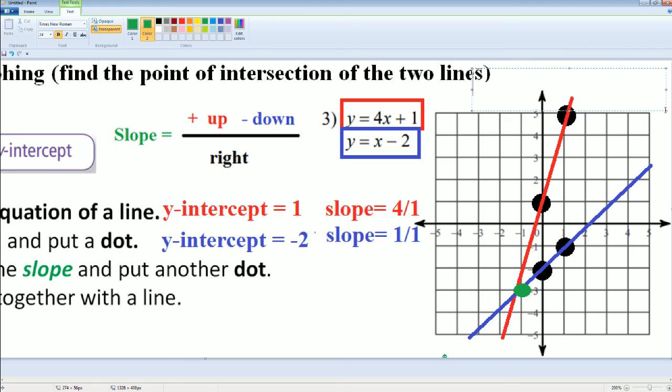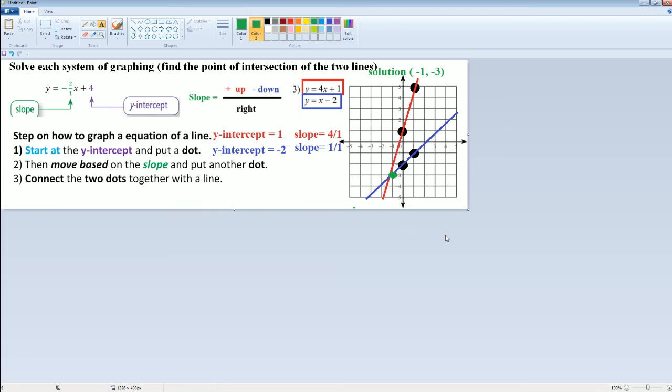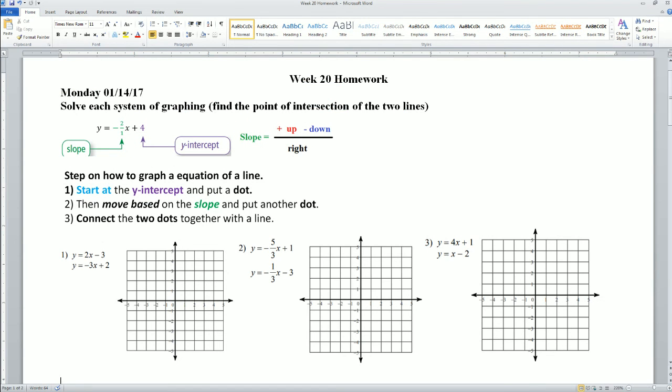It is always in the format of what? X comma y. Okay. What was x? The x was -1. What was the y? -3. Okay. There you go. That would be your complete solution for number 3. And that would complete all your solutions for Monday.